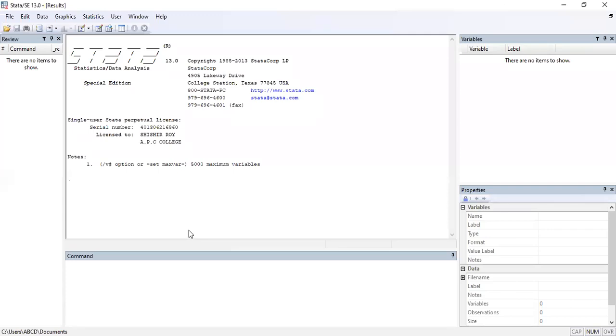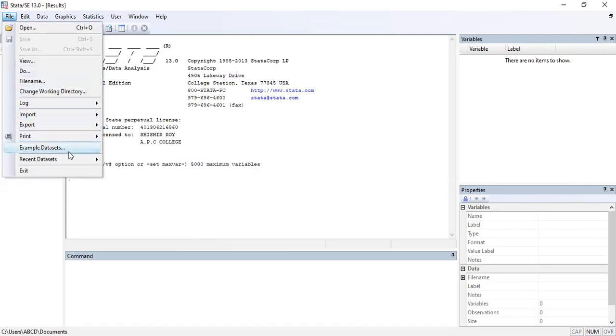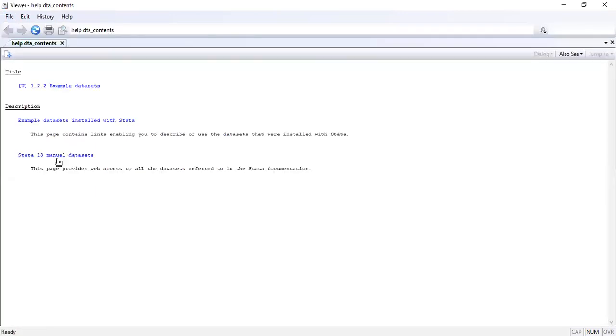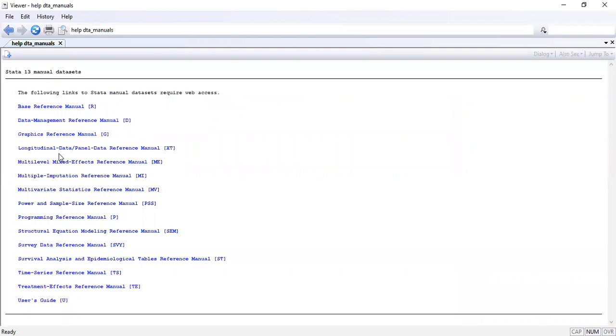So first of all, in Stata, we will bring a hypothetical data set from Stata memory. First of all, we will go to File, then Example Datasets, then Stata 13 manual data sets.